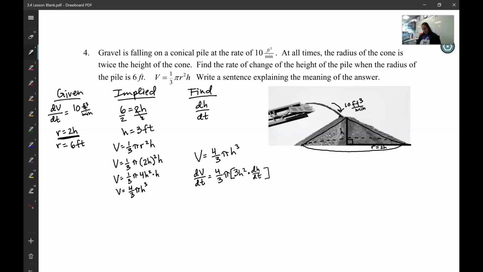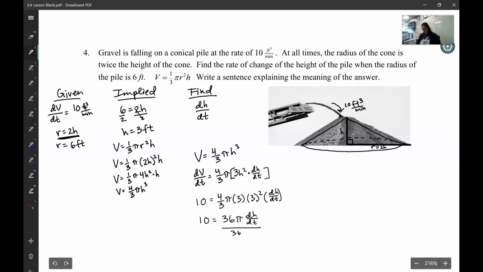So let's plug in what we know. We know dV dt is 10. We know that h is 3, and we know we need to find dH dt. So if we simplify all of this, we should get 10 equals 36 pi dH dt.